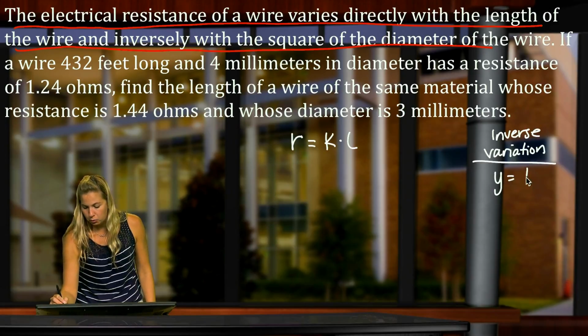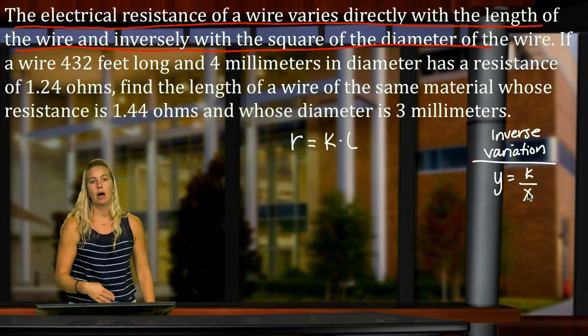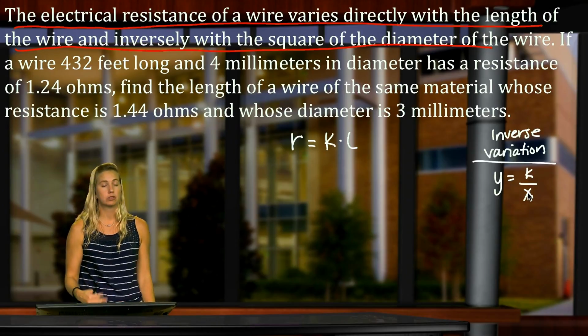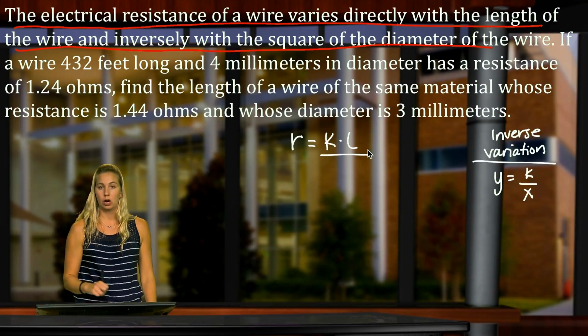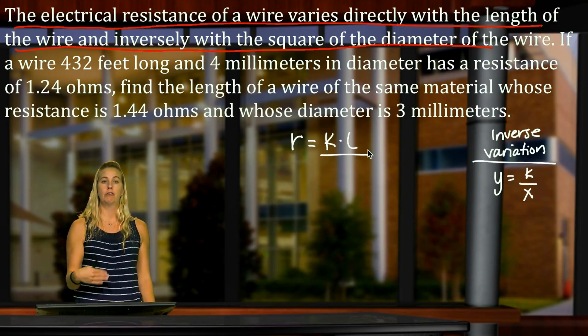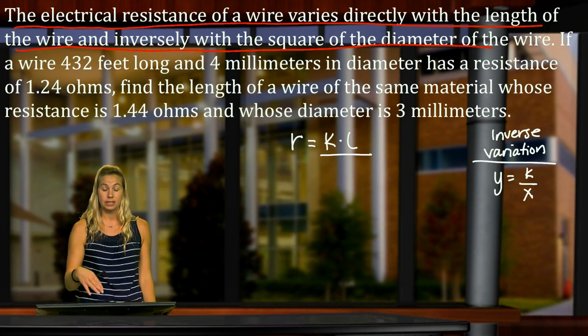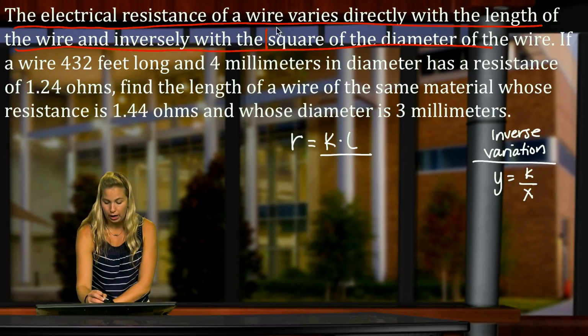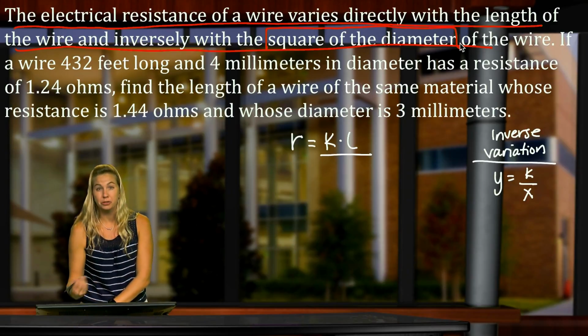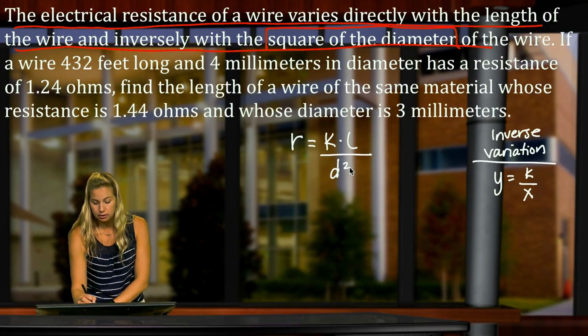So Y equals K over X is how we would show that Y varies inversely with X. So if R varies inversely with the square of the diameter, that means the square of the diameter needs to go in the denominator. Careful of this. This says square of the diameter. We're going to use D for diameter, so this is D squared.